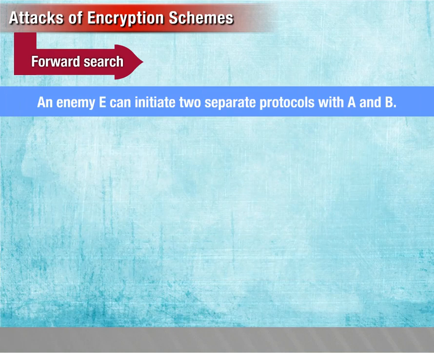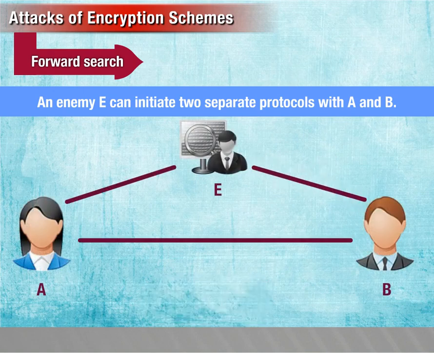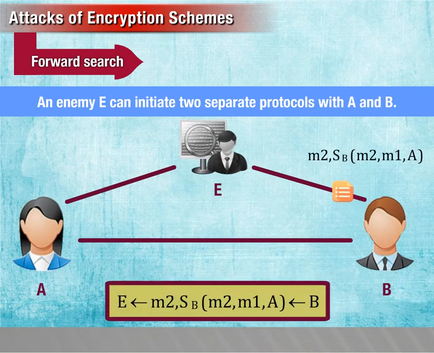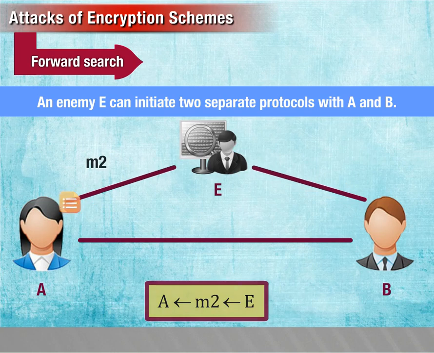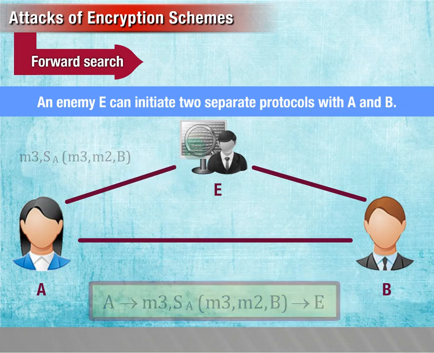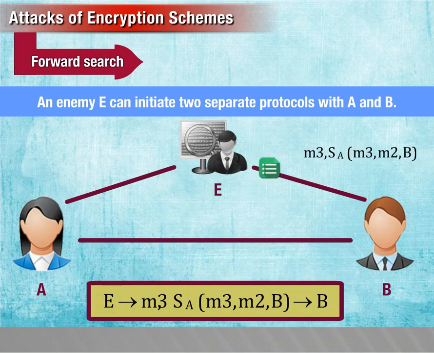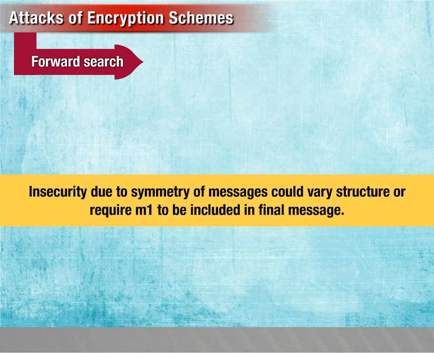An enemy E can initiate two separate protocols with A and B. E sends M1 to B. M2 returns to E. B returns SB of M2, M1, A. E returns M2 to A. A sends M3, SA of M3, M2, B to E. E sends M3, SA of M3, M2, B to B. Insecurity is due to symmetry of messages.